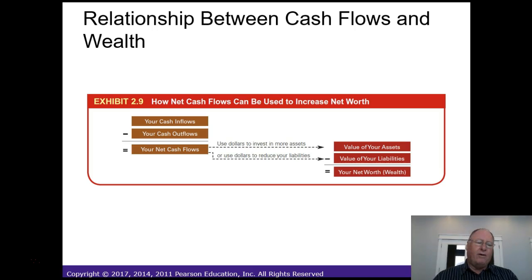Conversely, you can also look at what is called a debt-to-asset ratio. A debt-to-asset ratio is your total liabilities divided by your total assets, and you get that from the personal balance sheet. In our example, Stephanie's balance sheet had liabilities of $2,000 and assets of $9,000. That gives her a debt-to-asset ratio of 22.22%. The higher the ratio, the higher the debt is relative to assets.